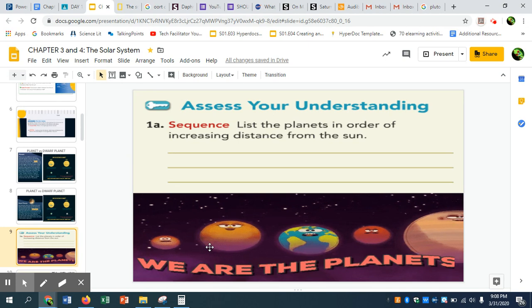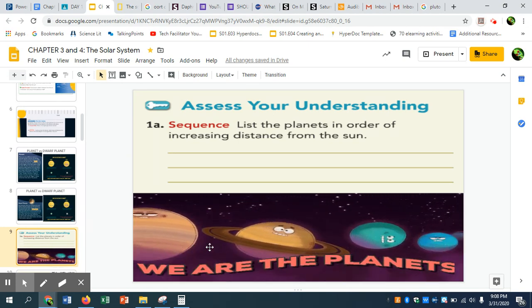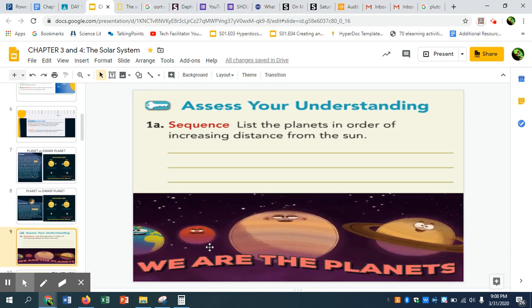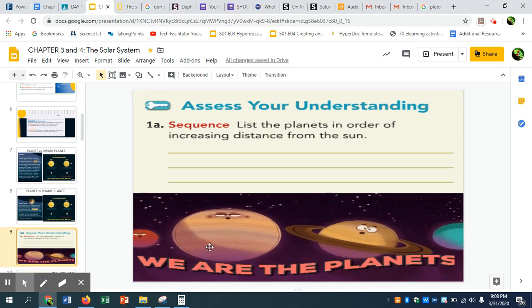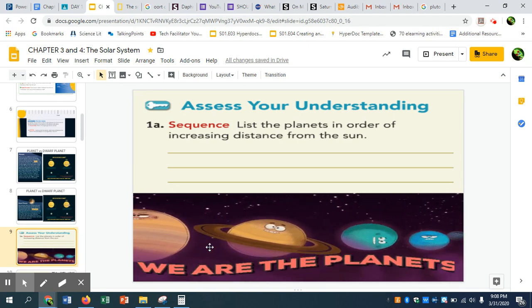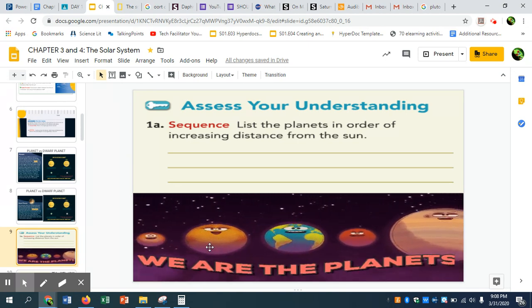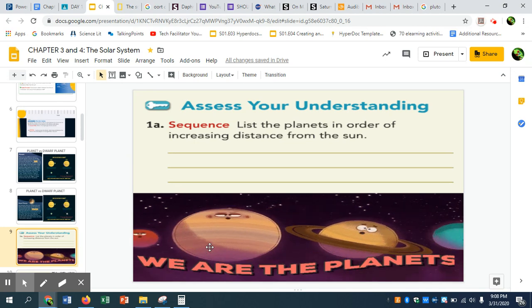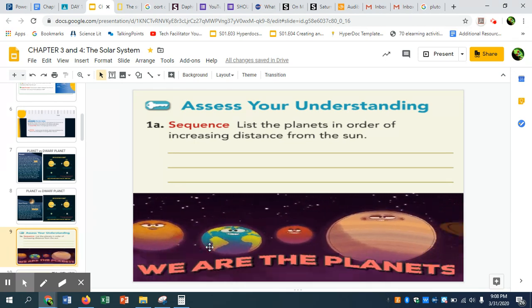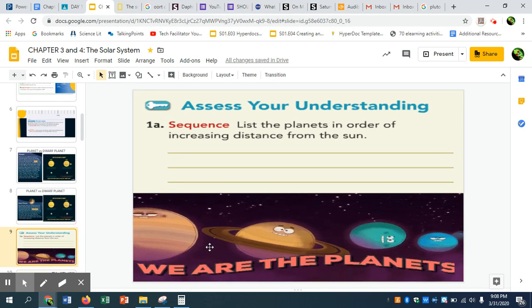Okay, so let's take a further look into the planets. This is our next activity, assess your understanding, 1A. It says list the planets in order from increasing distance from the sun. When I was in school, we used "my very educated mother just showed us nine planets." That last P for Pluto, I can't use that anymore, but it still helps me.